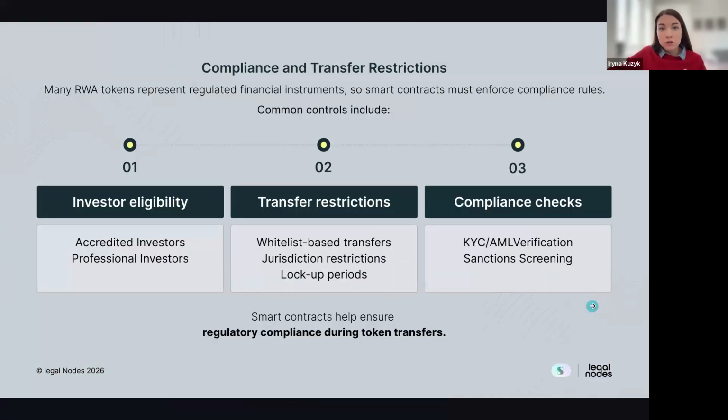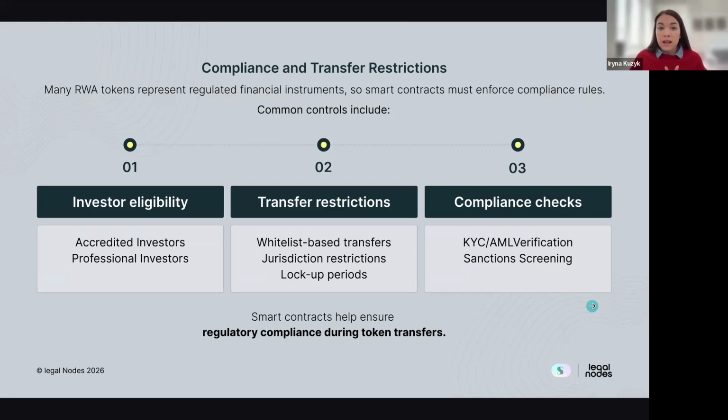And there are certain other aspects that are usually embedded into the tokens. Because those RWA tokens are usually securities or regulated investment products, compliance rules must also be embedded into the token design.